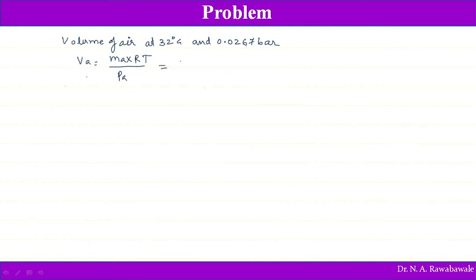The mass of air is 15 kg, given in the problem, R for air is 287, temperature is 32 plus 273, divided by Pa, which is 0.0267. It is in bar, so multiply by 10 to the power of 5 to convert it into Newton per meter square; this is important. On calculation, we get the volume of air as 488.5 meter cube per hour.